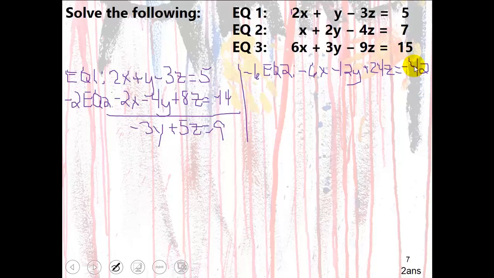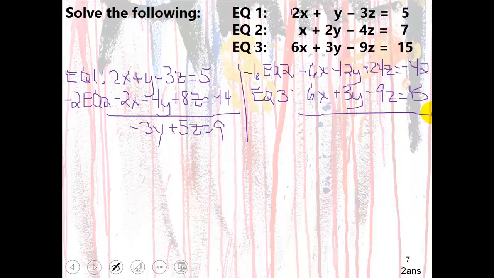And then I'm going to add it to equation 3, which is 6x plus 3y minus 9z is equal to 15.